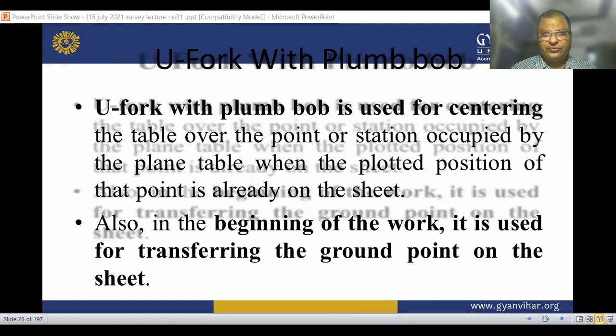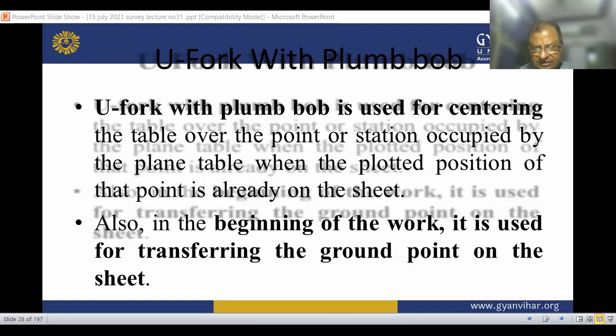Now the U fork with the plumb bob. The U fork with plumb bob is used for centering the table over the point of the station occupied by the plane table when the plotted position of that point is already on the sheet.